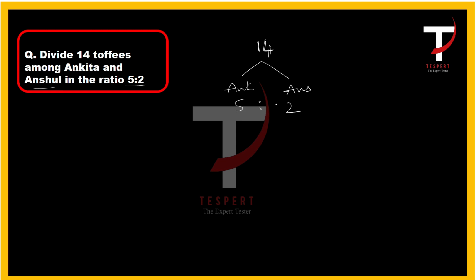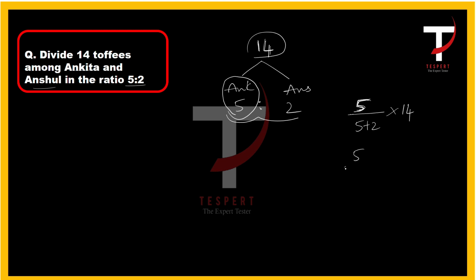5:2. Okay. So what we do here is, if we want to find out Ankita's part, we will write the share of her, 5 by, what is the total part here? 5 plus 2, right? 5 plus 2 into how many are there? 14 toffees, right? Into 14.